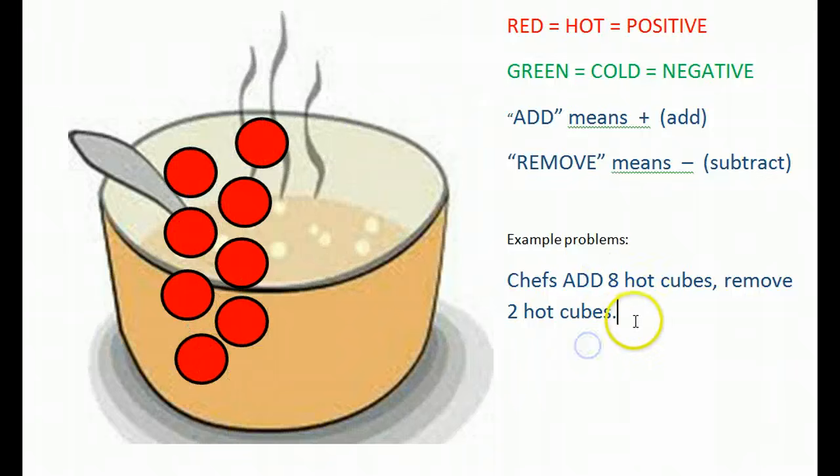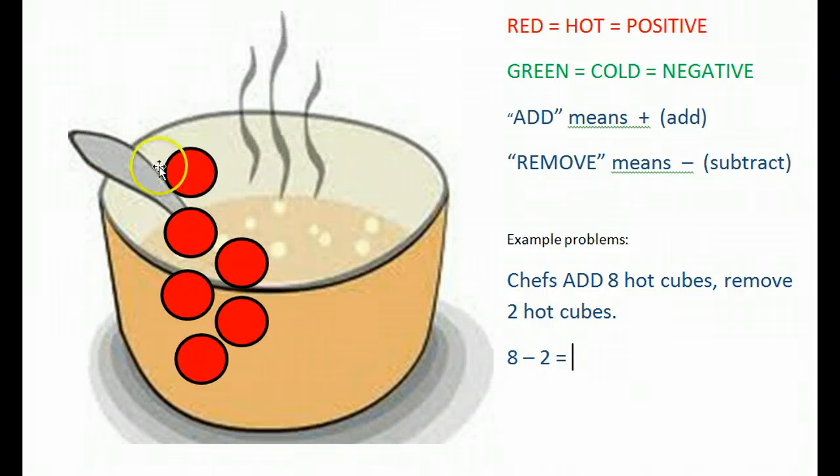Add 8 hot cubes. What I've done, I've taken 8 positives, and now it says remove 2 hot cubes. So remove, that means get them out of there. They're gone. 1, gone. 2. I just subtracted 2. So what am I left with? I'm left with 6 hot cubes. 1, 2, 3, 4, 5, 6. So I've raised the temperature by 6 degrees, +6.